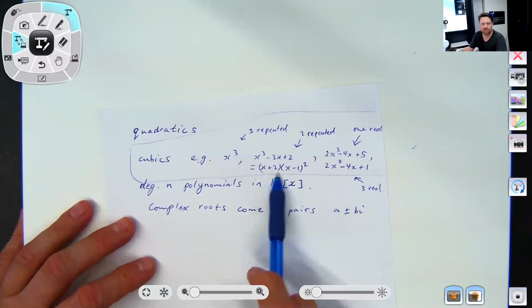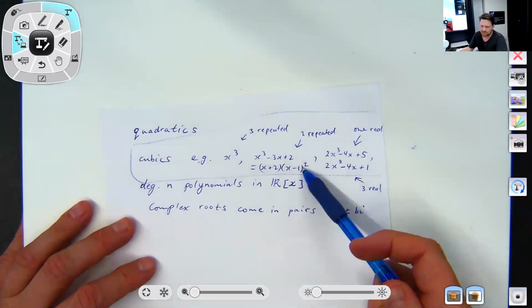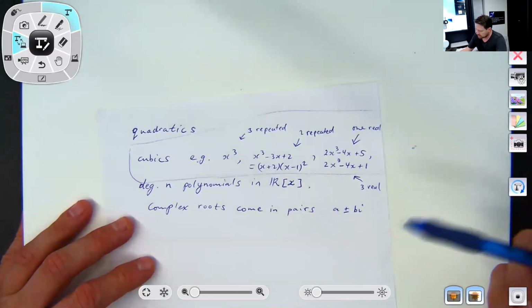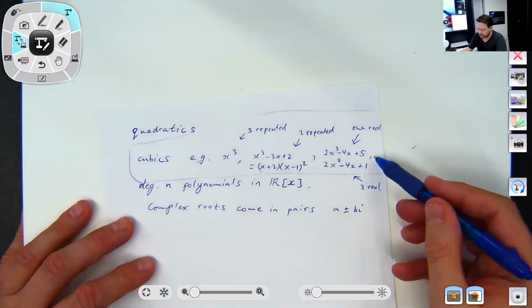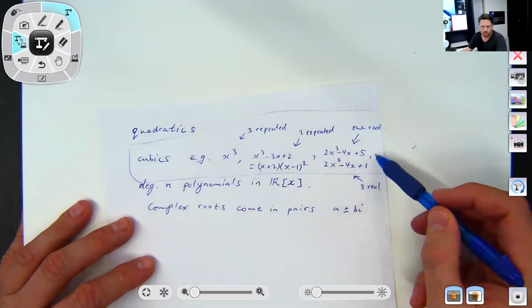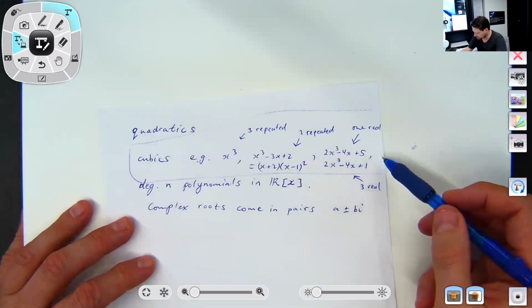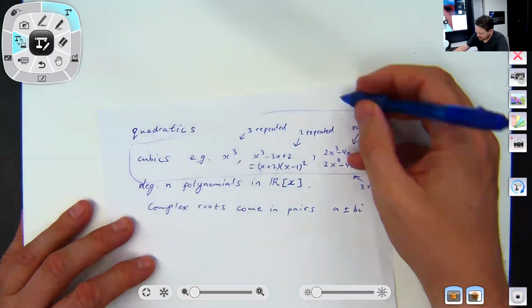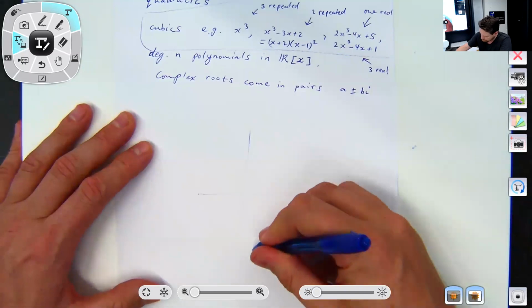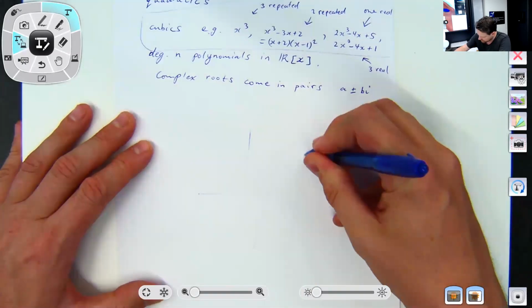So there are 3 real roots there. The 1 is repeated twice. All right, now this cubic, 2x cubed minus 4x plus 5, that has 1 real root and basically that one looks like something like this. I can see my pen's running out of ink.